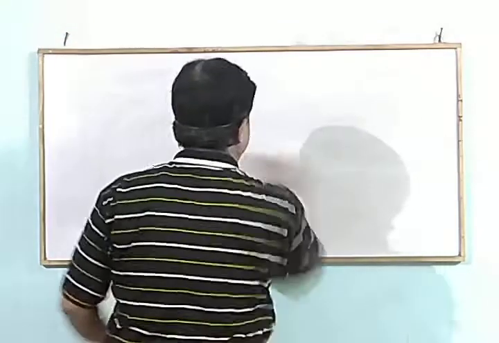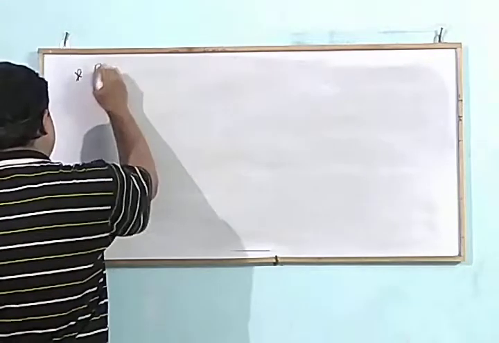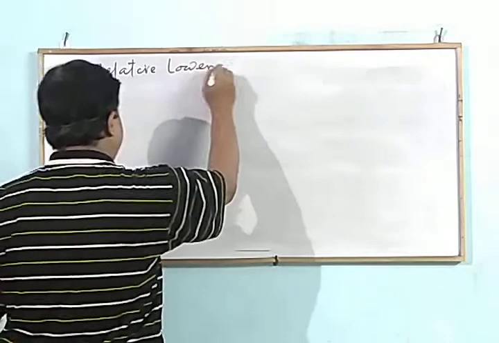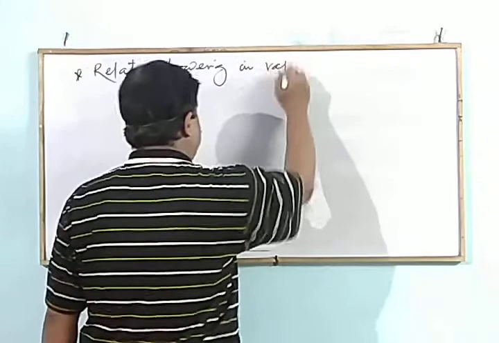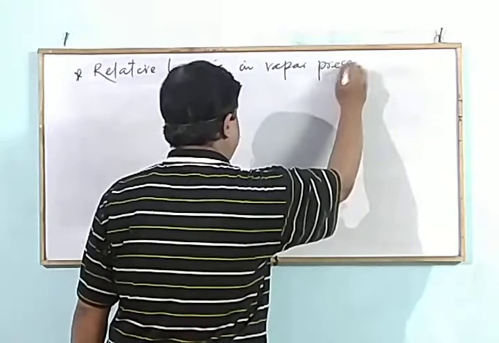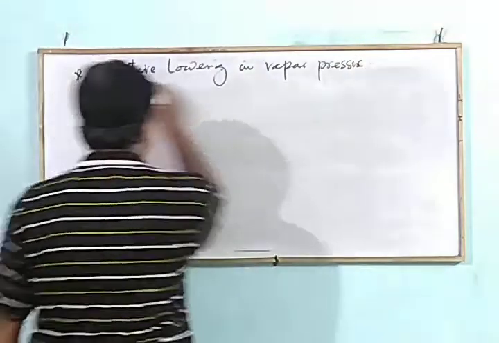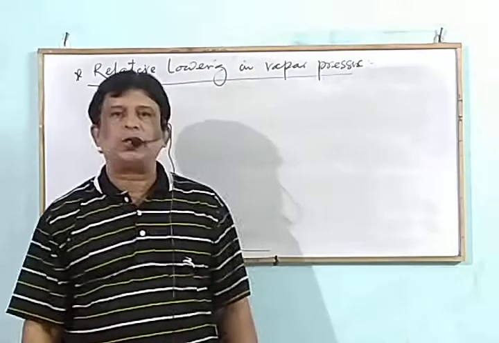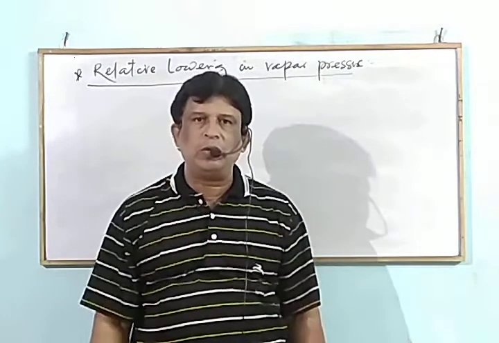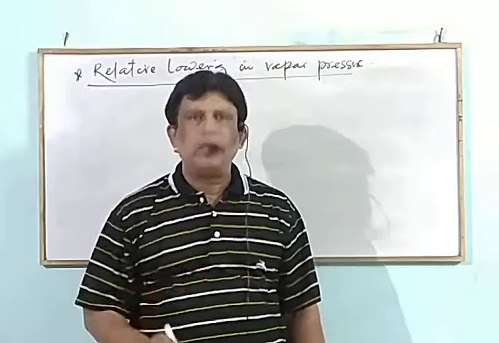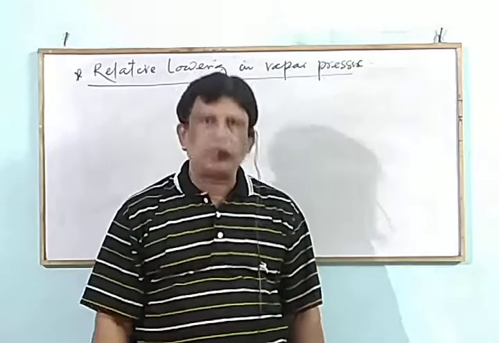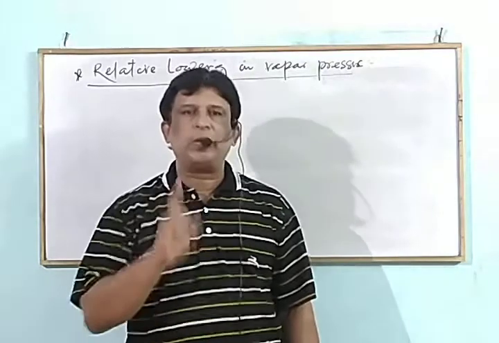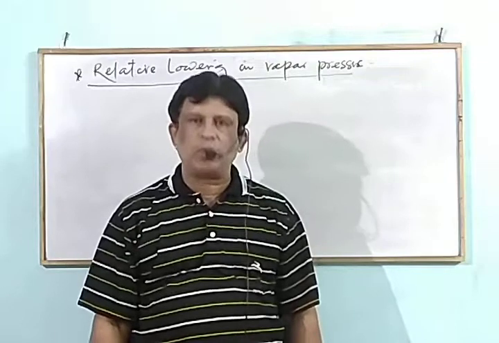First, the qualitative property is relative lowering in vapor pressure. Already we completed that according to Raoult's law for solution containing non-volatile solute. What is the statement? The vapor pressure of a solvent over a solution containing non-volatile solute is directly proportional to the mole fraction of the solvent.